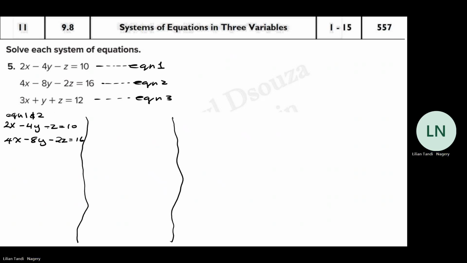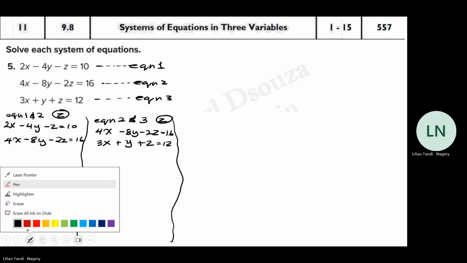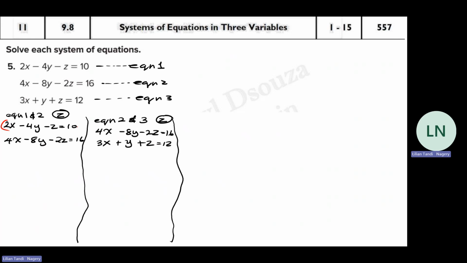Z. Z has the smallest coefficient, so I'm going to eliminate Z. Here I'm doing equation 2 and 3, and I'm going to eliminate Z. So 4x minus 8y minus 2z equals 16, and 3x plus y plus z equals 12.